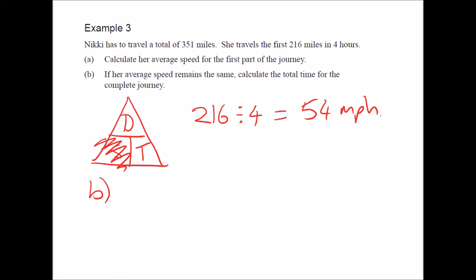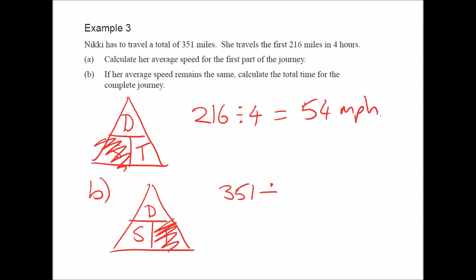Right, part B. If her average speed, that's the 54 we just found out, remains the same, calculate the total time for the complete journey. So if we draw the speed, distance, time triangle again, we want to calculate the total time. So we're going to need the distance divided by the speed. The total distance for the entire journey is 351.